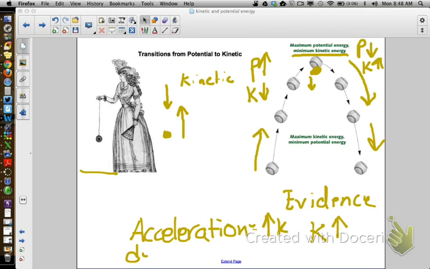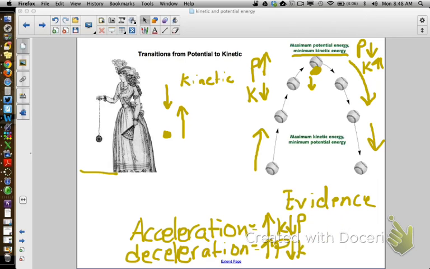But if they're decelerating, we're seeing an increase in potential energy, whereas kinetic goes down. Here we're seeing potential going down. So as things accelerate in free fall, kinetic's going up, potential's going down, but when things slow down, like the baseball going up, it slows down as it goes higher in the air because of the force of gravity. Our potential's going up because of how high it is, but our kinetic energy is going down.